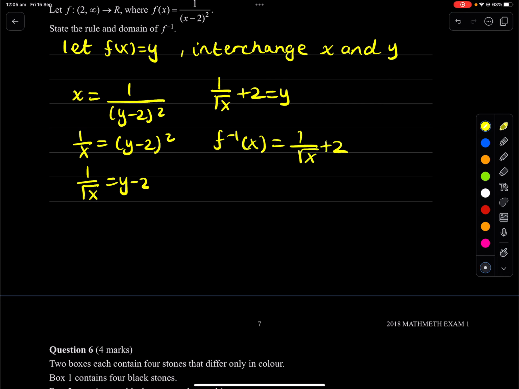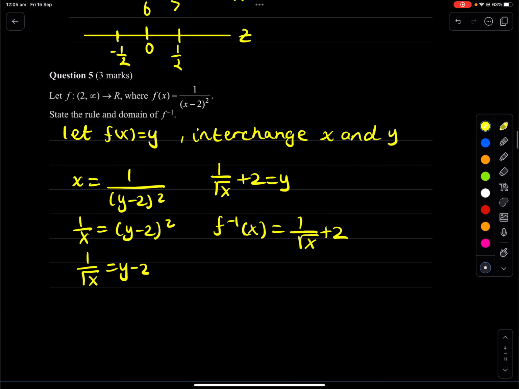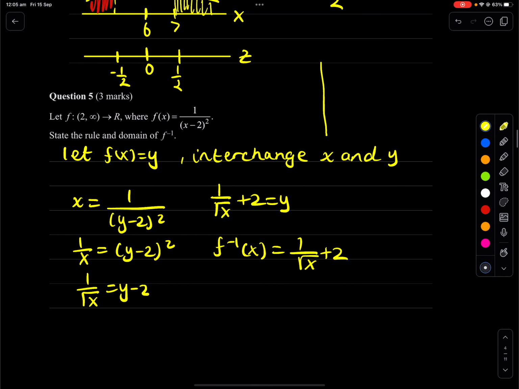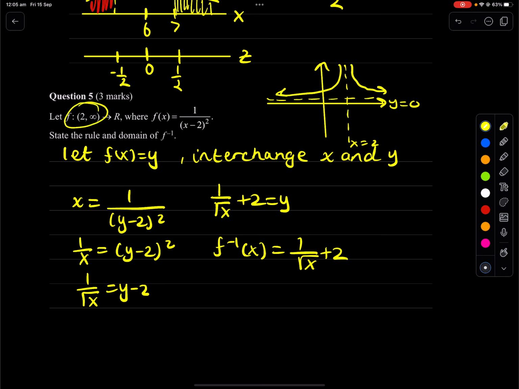So that's your rule. Your domain, okay, to get the domain, let's just really sketch this graph over here. Your domain is your range of the function f. So at x equals 2, and we have an asymptote y equals 0, and it's a truncus. But we have to reject, because it says 2 to infinity, we have to delete that part. It's only this part that exists.